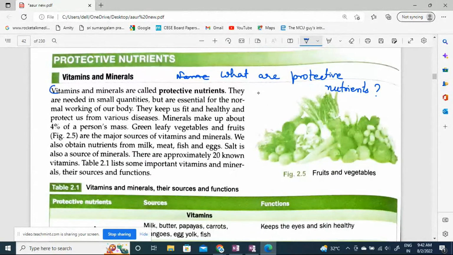So, vitamins and the minerals are called productive nutrients. And always the productive nutrients are needed in very small quantities. Why vitamins are called productive nutrients?